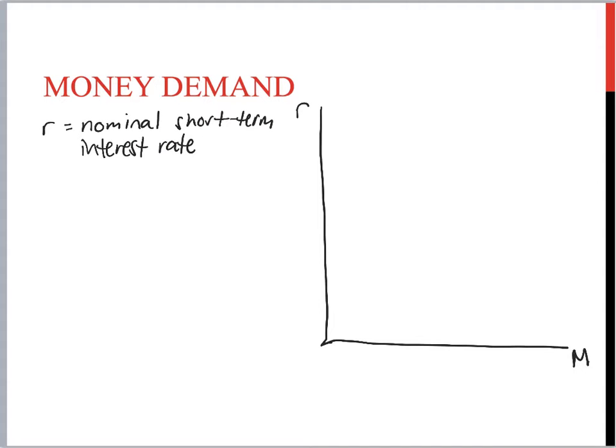And remember that the nominal short-term interest rate is the cost of borrowing money on a short-term basis, or the return to saving that money. So really, it's the opportunity cost of holding money.